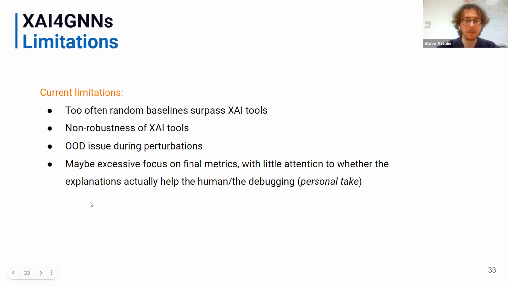And then a personal take: it is often the case that the focus on the final metrics, so improving the state of the art, is maybe too often the final objective of these algorithms, rather than checking whether the explanation actually helped the human or the debugging of the model, since the metrics are not super aligned with, let's say, the human interpretation.